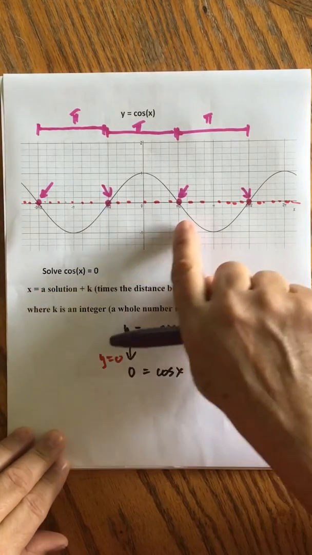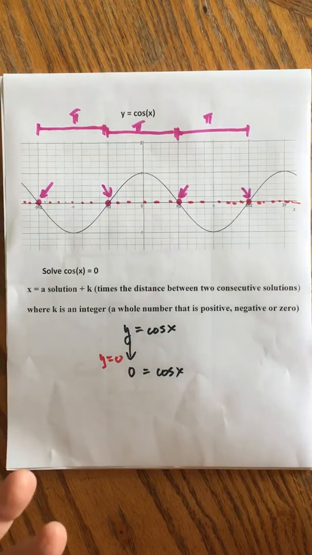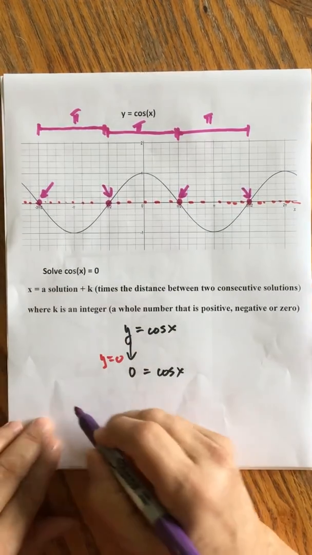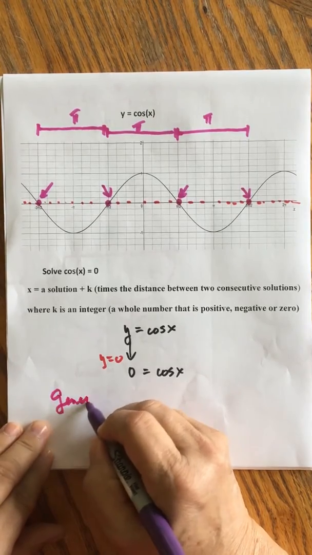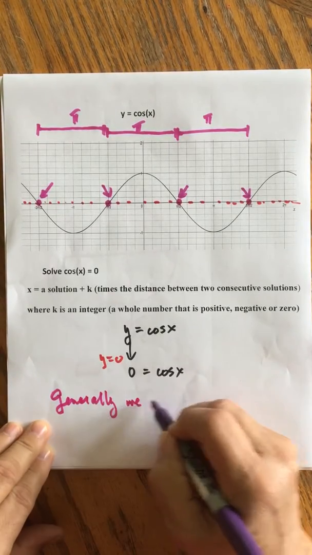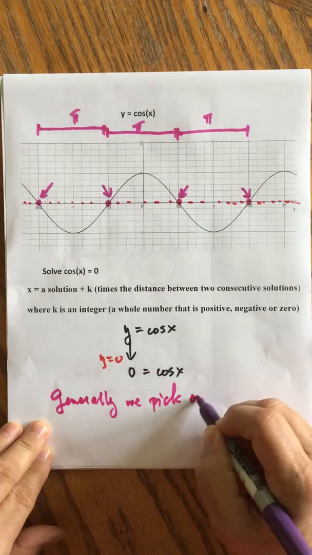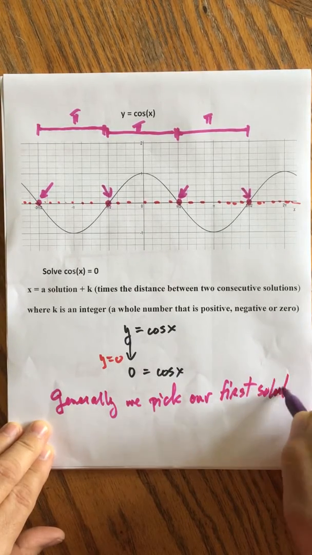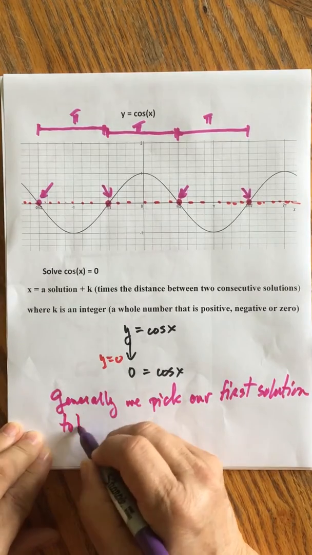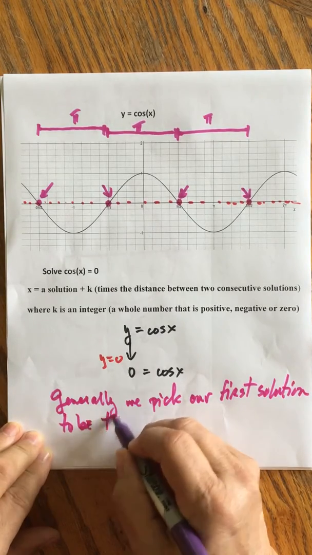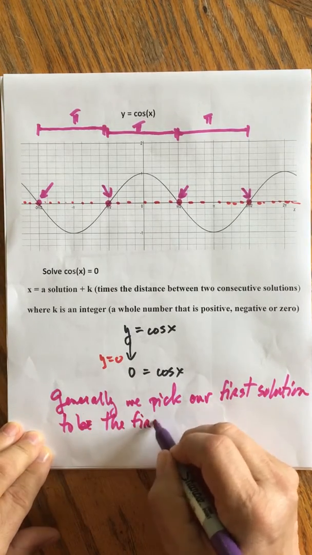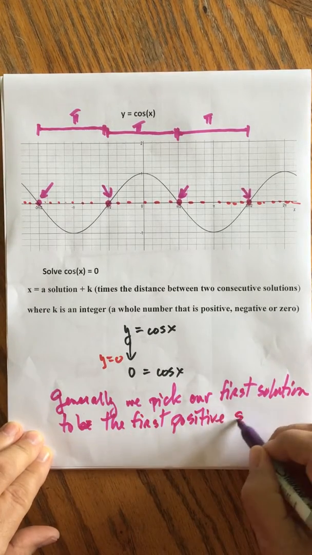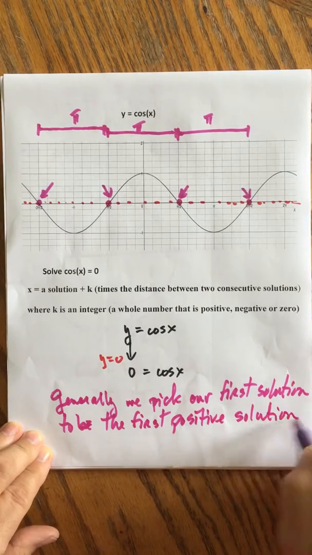Usually you start at the first positive solution that's closest to 0. That's generally what we do. We pick our first solution to be the first positive solution closest to 0.